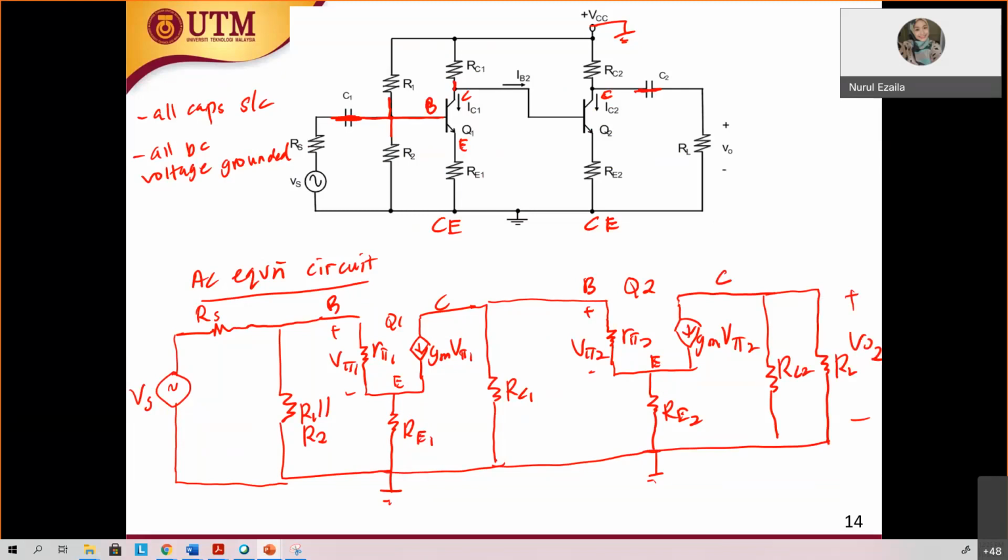V out 2. So this is your V in 1, this is your V out 1, and this is V in 2, and V out 2 over here. This is your Z in 1, this is your Z out 1, this is Z in 2, and this is Z out 2.